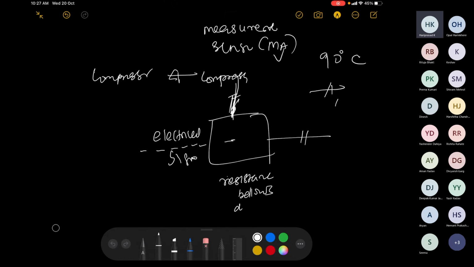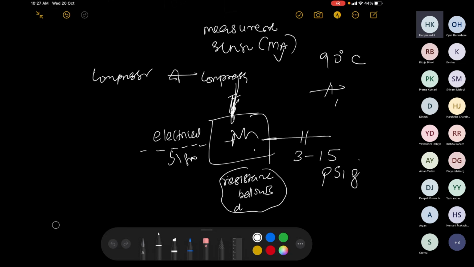This is supplied at the rated compressor pressure, and you only need 3 to 15 psig here. So you have to decrease this pressure by means of some resistance, bellows, array, whatever, and based on the electrical signal it gets actuated and gives you the exact equivalent pressure. It is a very interesting and complicated process.